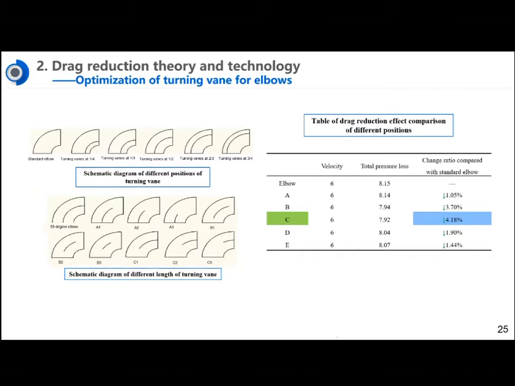We can find that a different location and different shape have different effects on the drag reduction. On our right, you can see the best drag reduction is 4.18% for the airballs.